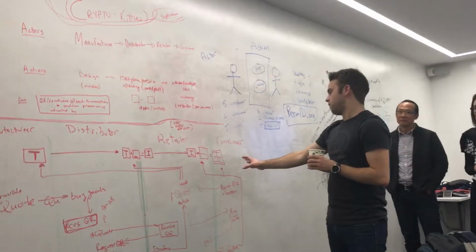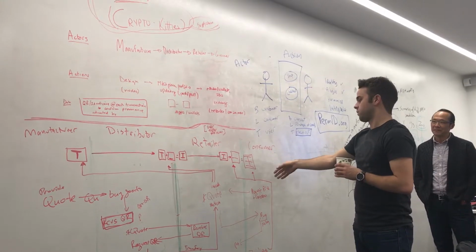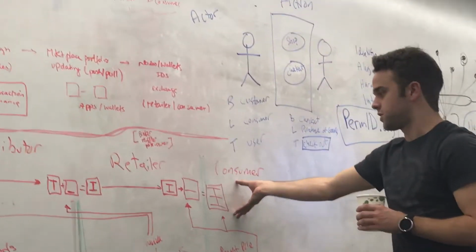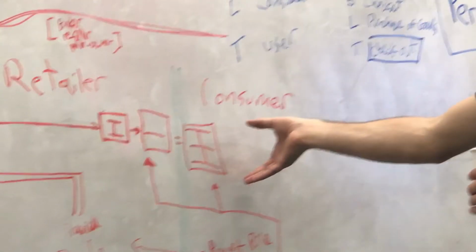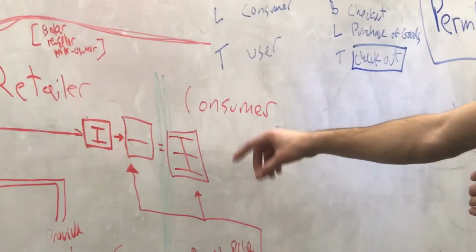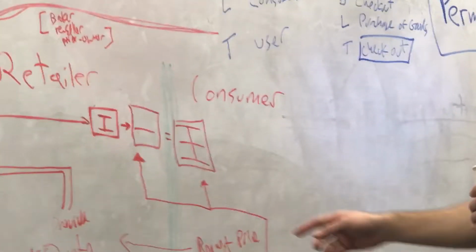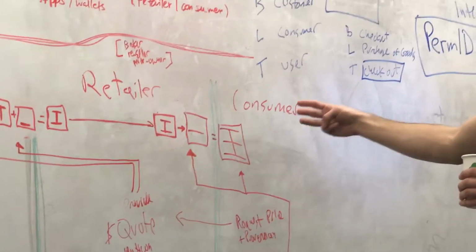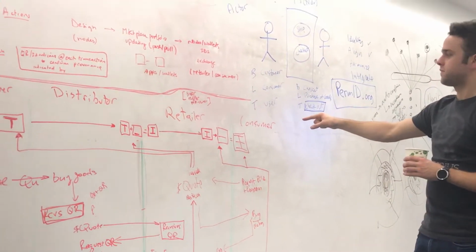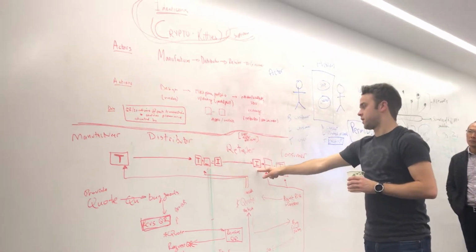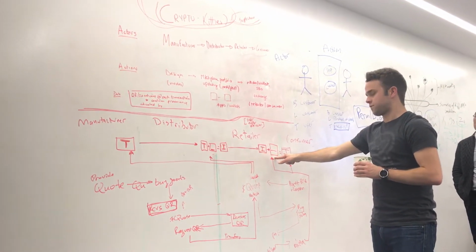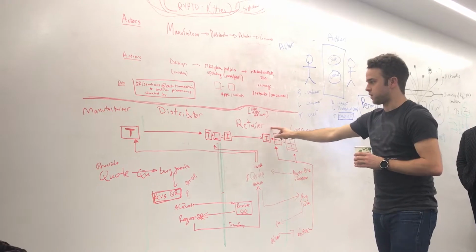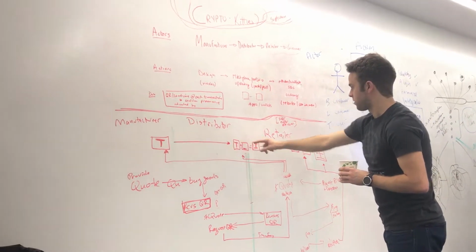But the issue that we're really trying to solve, the provenance issue, we tried to represent with a very simple identicon example. This would be the identicon that the consumer receives, so it's got the 3 slashes in the vertical line. That gets generated by combining the previous 2 identicons from the retailer and the distributor.